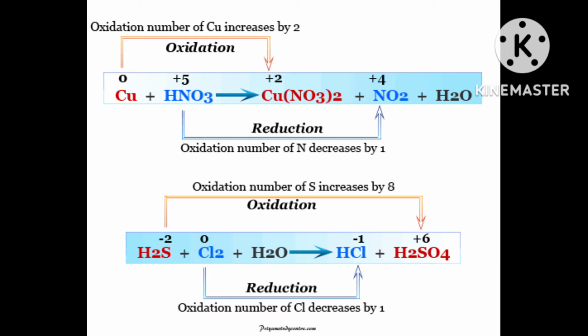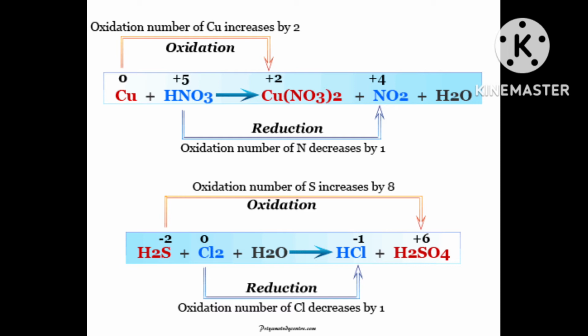And sulfur: 3SO4 you have written. Each sulfur is plus 4, and 3 are there, so again 12. 12 plus 12, 24, on the left side.